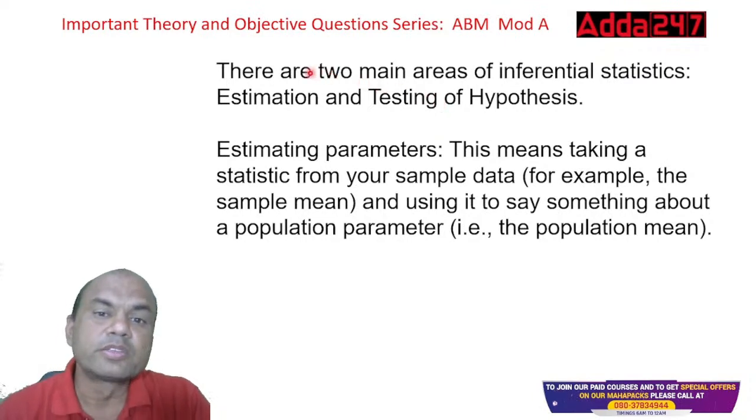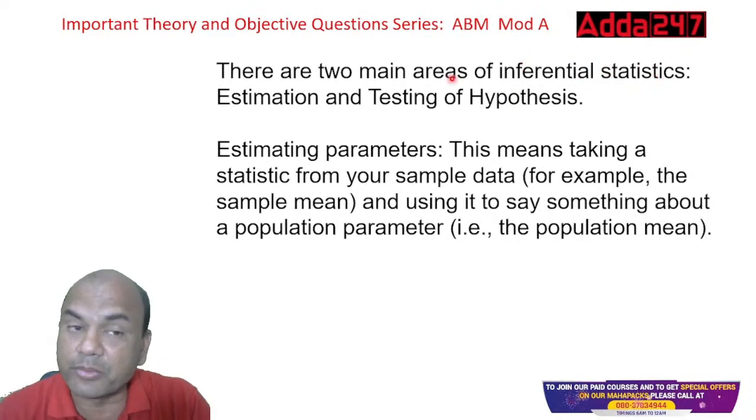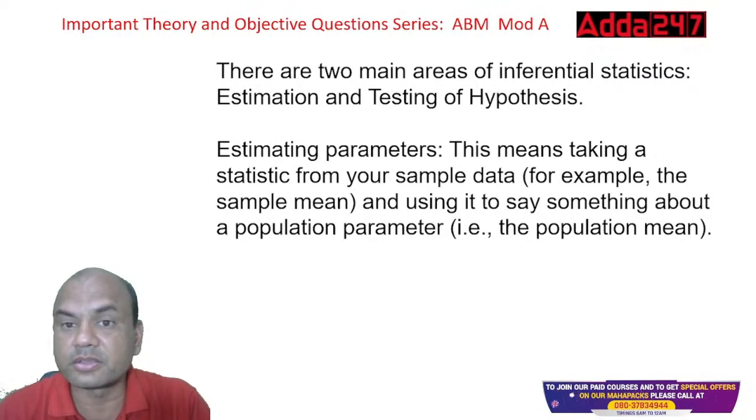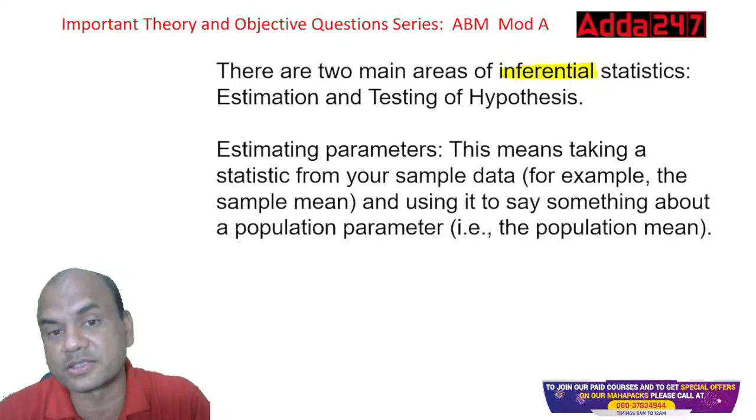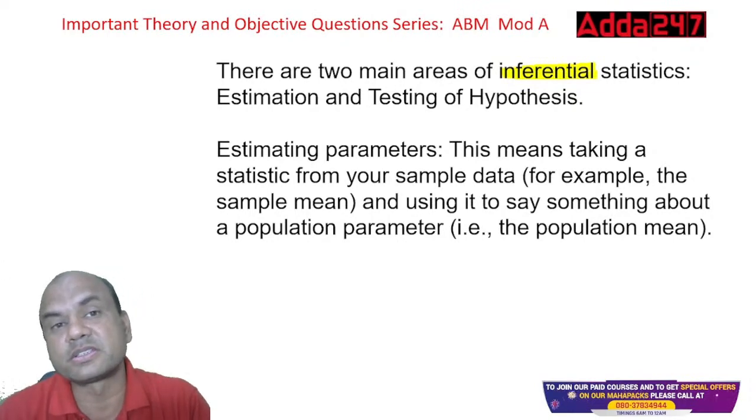Okay. So there are two main areas of inferential statistics. Now this is an important topic in your ABM. Inferential means from which you can draw the inferences. One is estimation and second is testing of hypothesis.